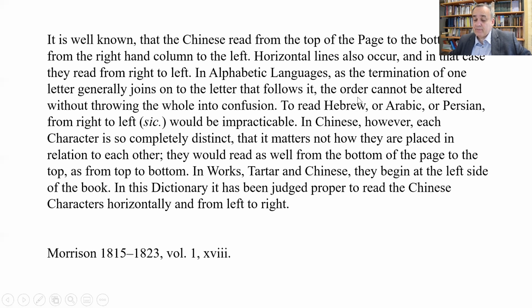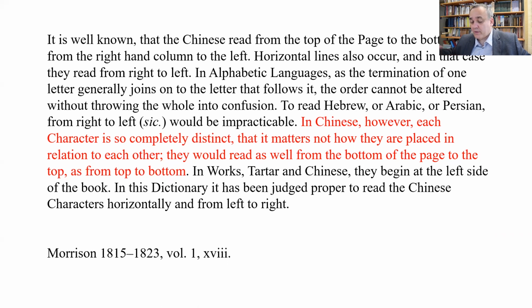This is an explanation, basically, spelled out, of why he's doing this. And there are 2 important things that we can see here. One of his justifications is that each character is completely distinct. So the Chinese characters are not joined together as they are sometimes in Western languages. So they are not joined into words, basically, the letters. And because of that, you can actually read them from any direction to any direction.